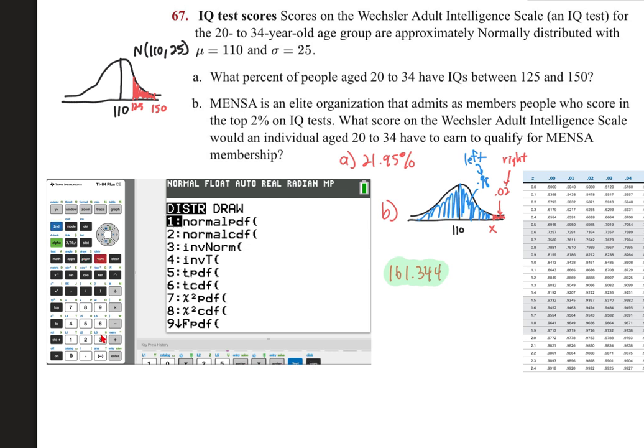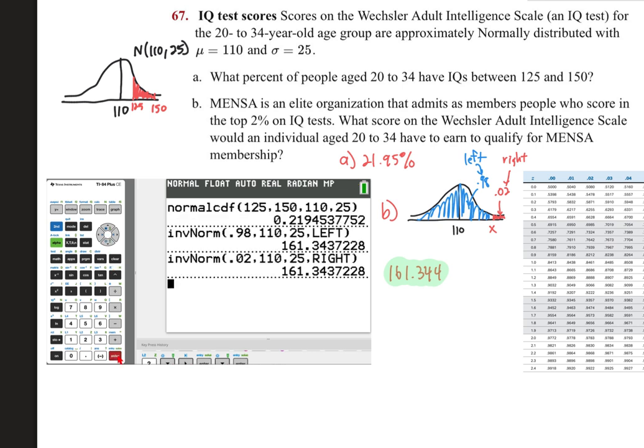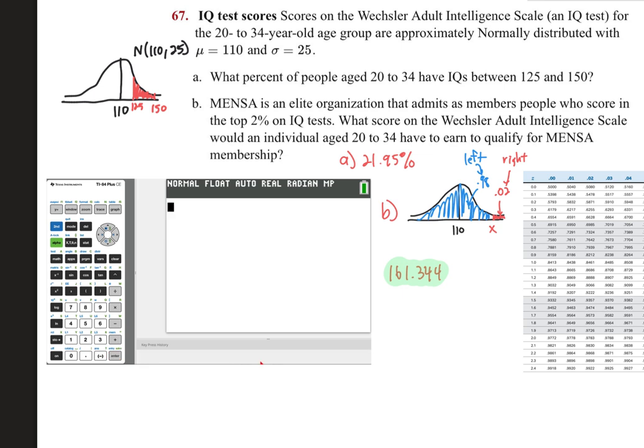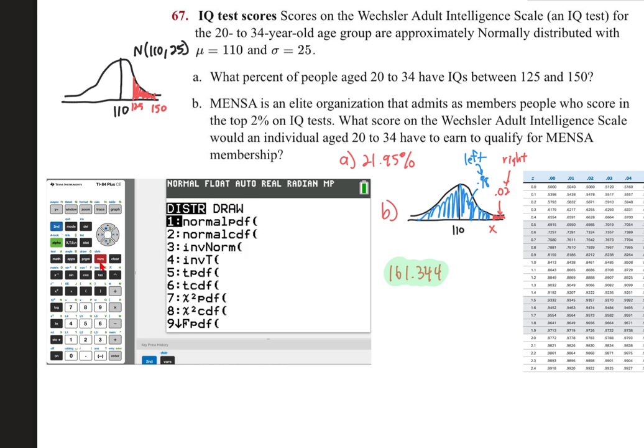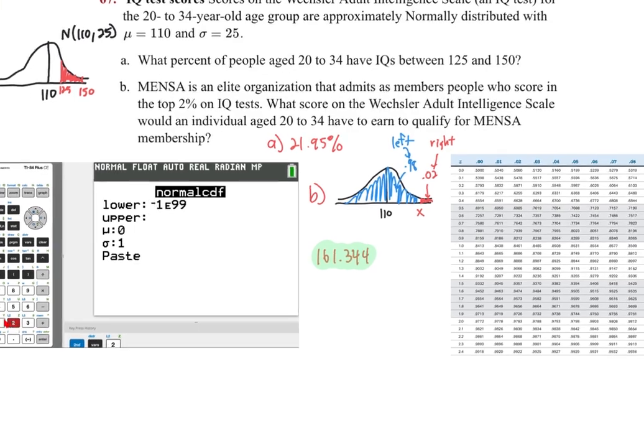Okay, so let's say we did it a different way. If you have this, you could just do the 0.02 to the right, and let's make sure that we get the same thing, just so we can see that you can do it more than one way. Should get the exact same answer, which we do. Okay, so let's do the table A way.